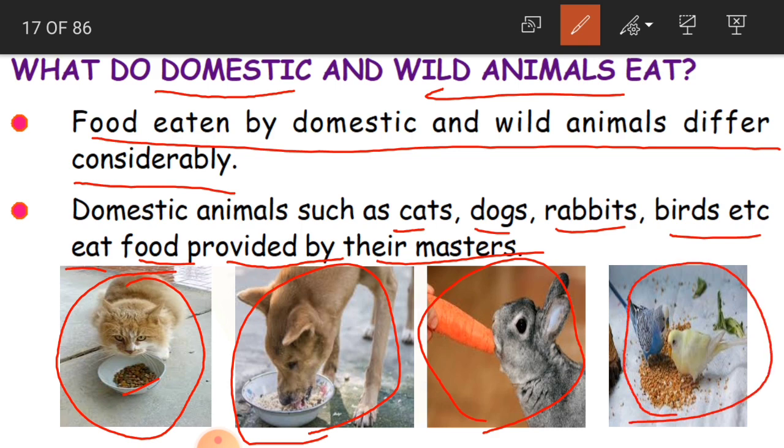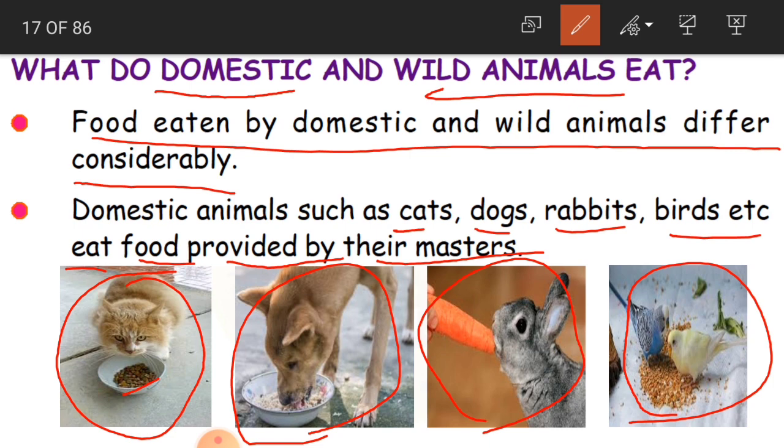Normally when we have pet animals like domestic animals in our house, we give them their choice of food, what they eat, that only we give them. For a cat, maximum we'll give milk or curd, such type of things. Sometimes non-veg also.